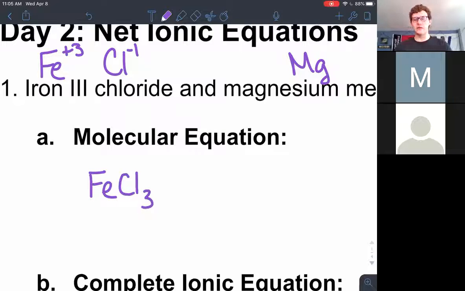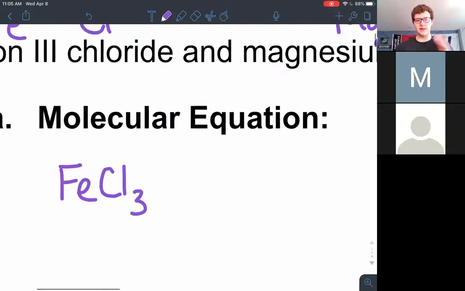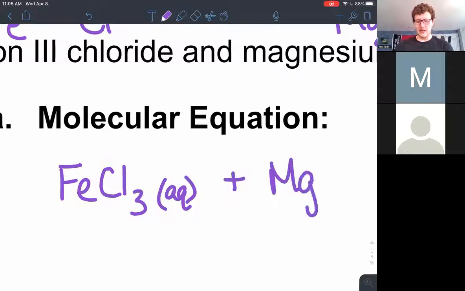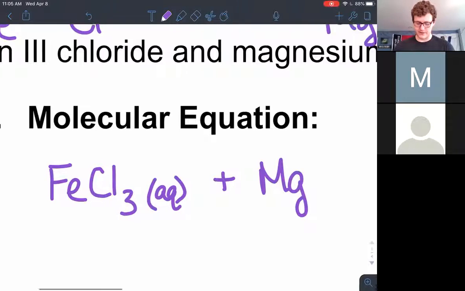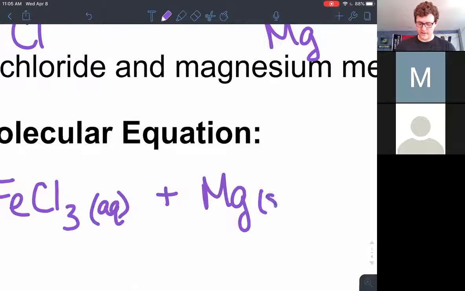And then we do have to use our solubility table because we have to determine if things are aqueous, solid, liquid, or gas. I'm just going to tell you because our solubility table is on a different chart, and I don't want to flip back through 18 different things. But this one's going to be aqueous, plus magnesium metal, which is just Mg. And do we think magnesium metal is going to be aqueous, solid, liquid, or gas? Solid. Perfect.